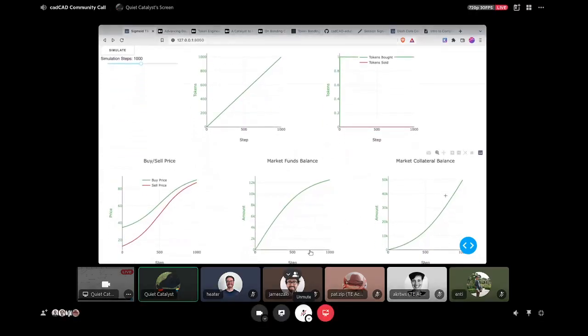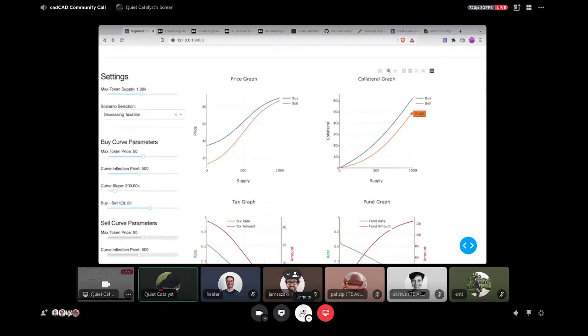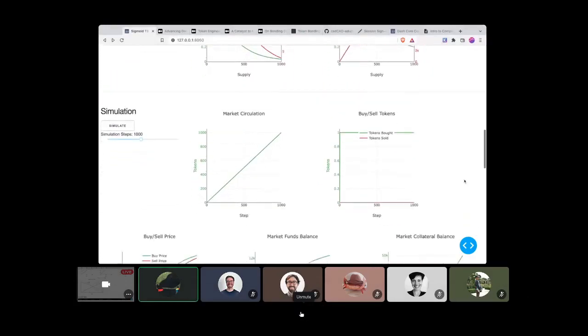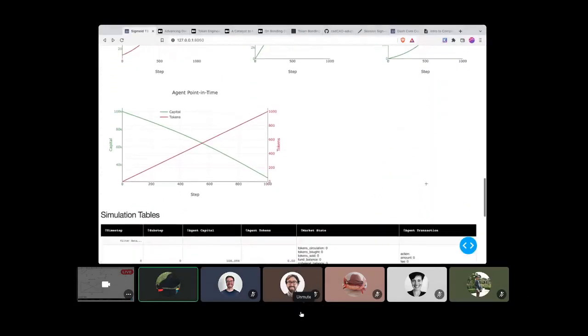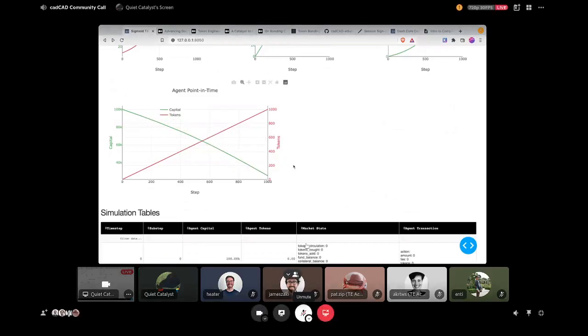Similarly with collateral, same kind of values on the sell curve as well as the collateral curve in our simulation, and how the agent over time is changing in terms of collateral and the number of tokens that they have.